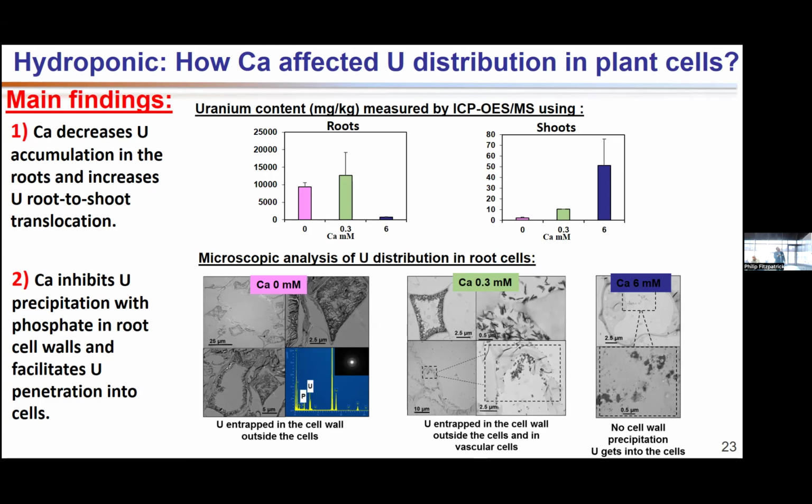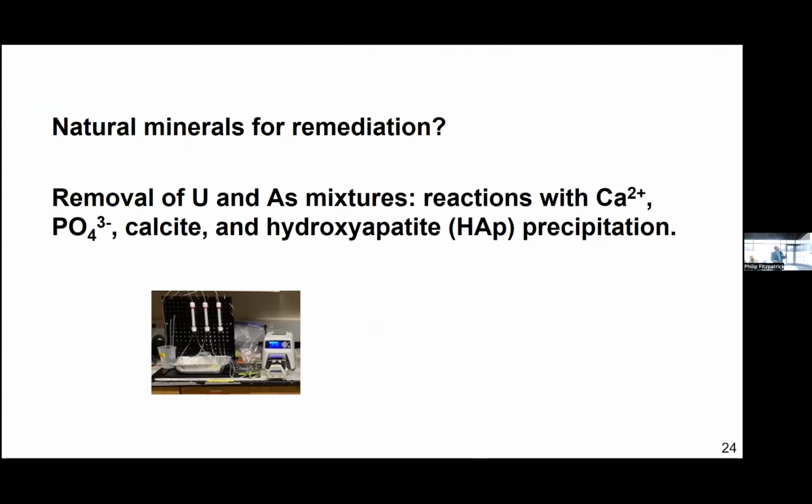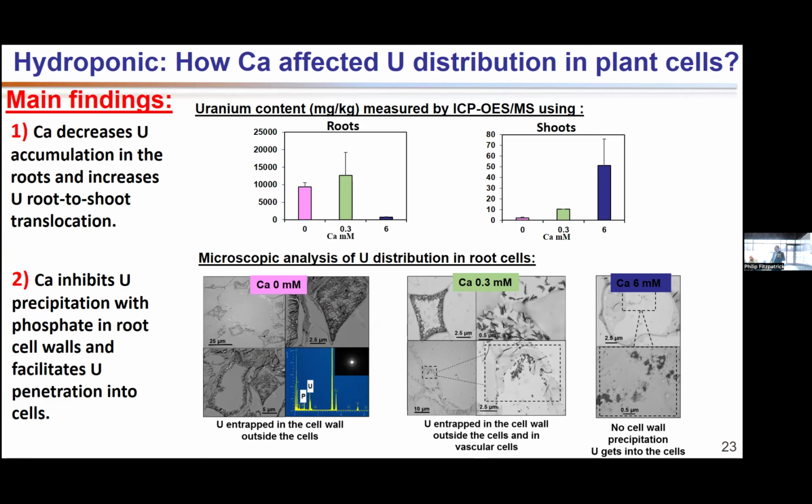But as soon as you have that calcium, these needles end up not being clustered this way; they are not as aggregated anymore, and they start to come into the cell. Even at 6 millimolar, they are already inside. So this probably has to do with a biochemical mechanism.